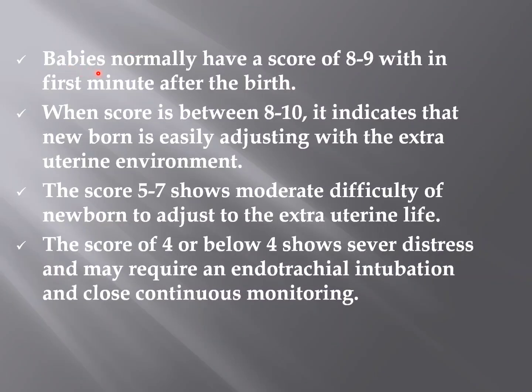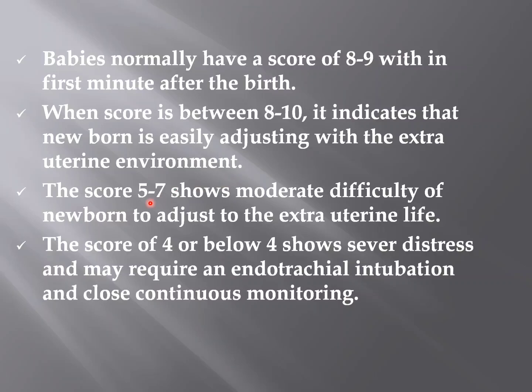Next point is babies normally have a score of 8 to 9 within the first minute after the birth. So at 1 minute, the normal baby score is 8 to 9. When score is between 8 to 10, it indicates the newborn is easily adjusting to the extra-uterine environment.